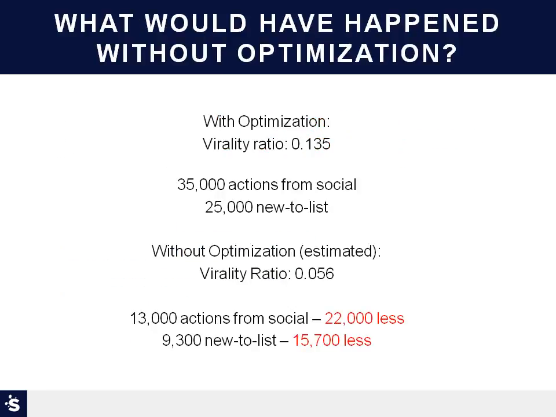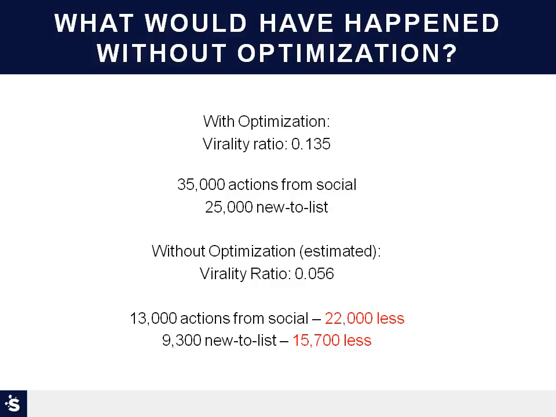But what would have happened if they hadn't done that optimization? I mentioned before how all those improvements can add up to a higher virality ratio. If we worked backwards to see, okay, without those improvements, where would Credo have been? Instead of that virality ratio of 0.135, we would have had a virality ratio of 0.056, so it would have been less than half as much.